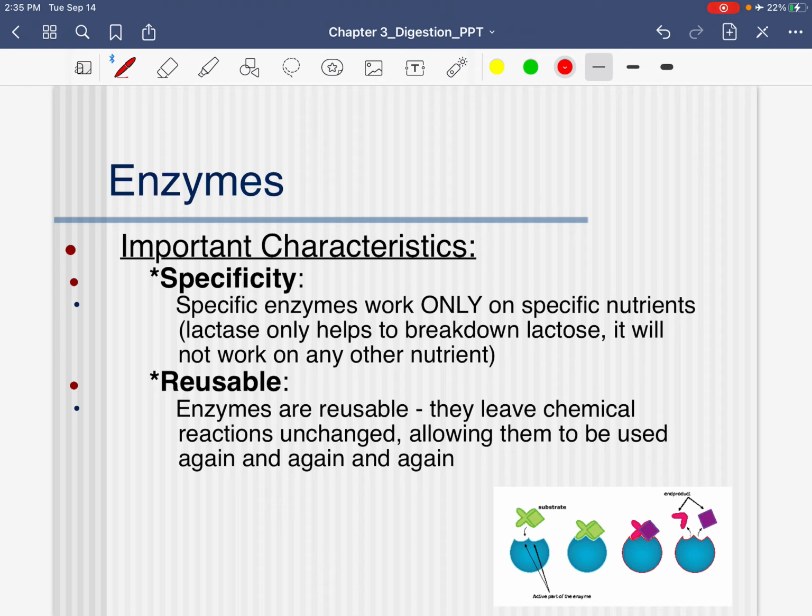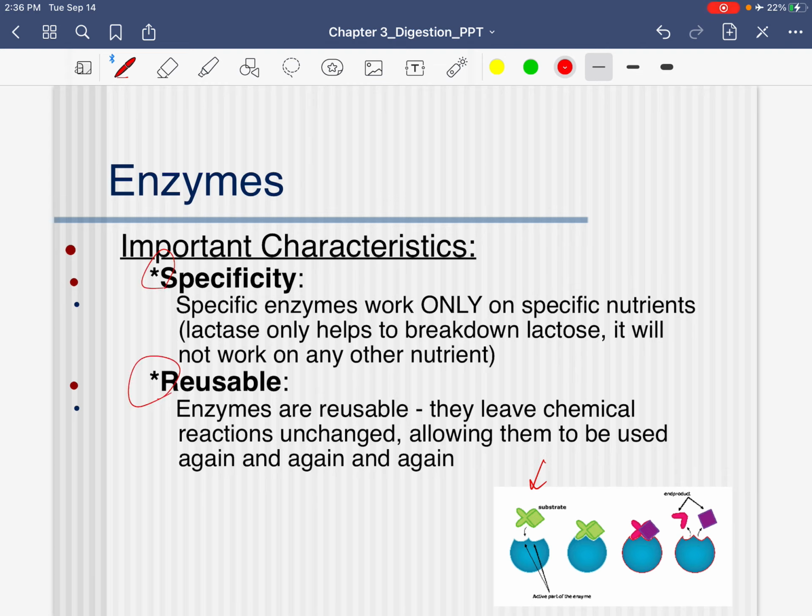Protease is an enzyme that can only be used to speed up chemical reactions of protein. That's called specificity. And it may be like a lock and key, what you see down here, where literally the shape of the protein or the fat or the carbs must be fit into exactly by the right enzyme.